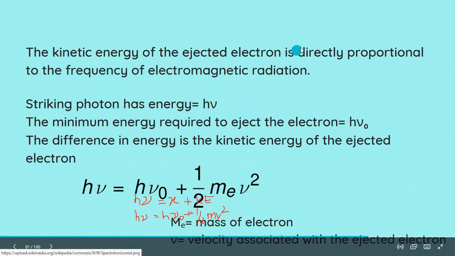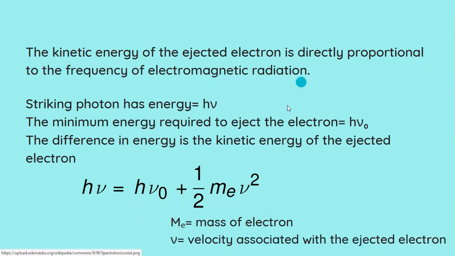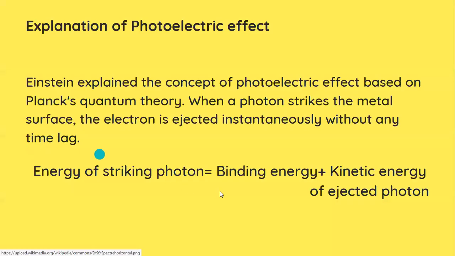So what I'm trying to point out is the fact that when a frequency nu gets hit on the particular metal surface, the energy of the photon is getting used for two things. First, it gets used up for overcoming the binding energy.